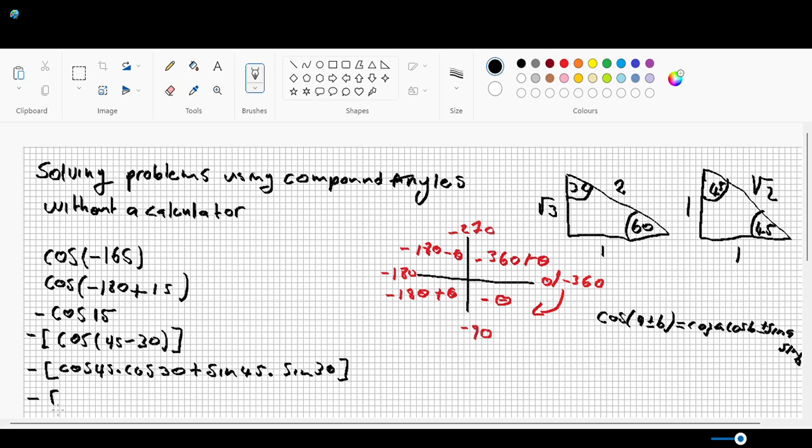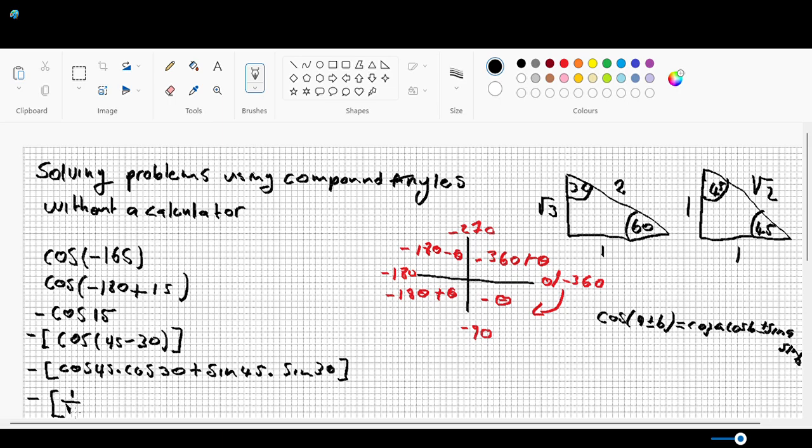Now when you solve here, we're going to use our special angles from the right angle triangles on our right. So we're going to refer to those two right angle triangles, guys. What is cos 45 when you look at those triangles? Cos 45 is adjacent over hypotenuse.